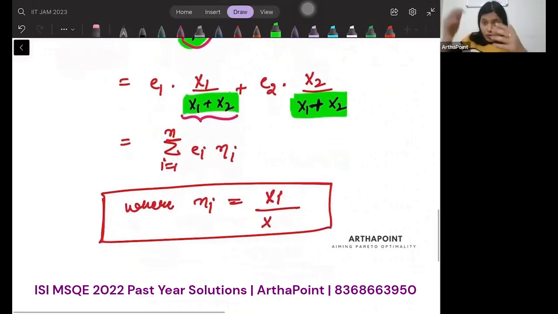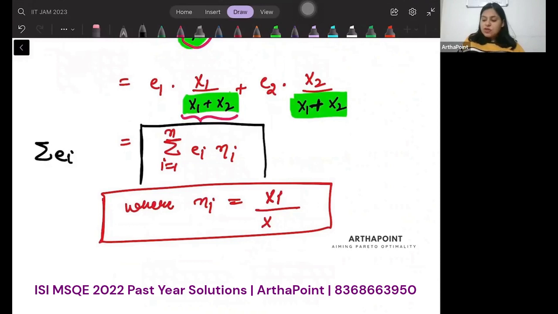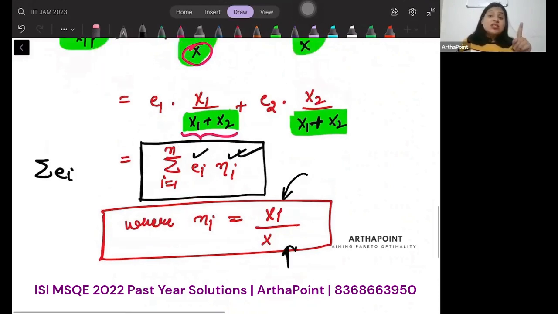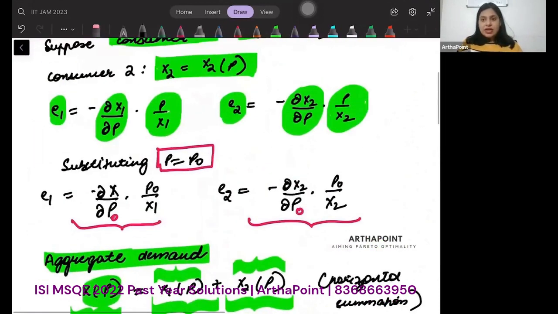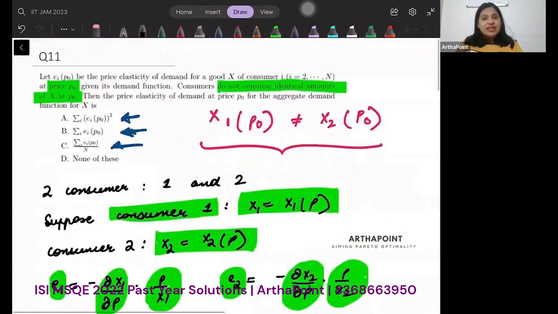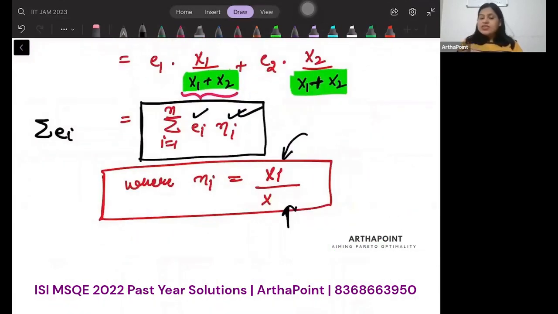So I can formulate that the aggregate elasticity is the summation of elasticities into the weights, and this weight is the individual demand divided by the total demand. But this does not resemble any of the above cases, right? I have been able to get a generalized value, but this does not resemble any of the cases we see above.